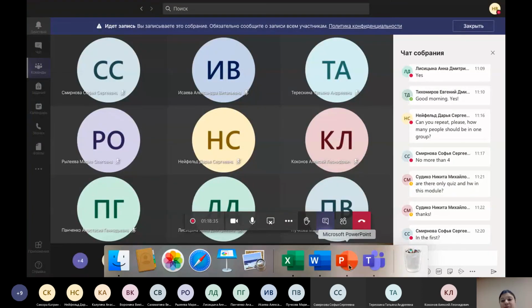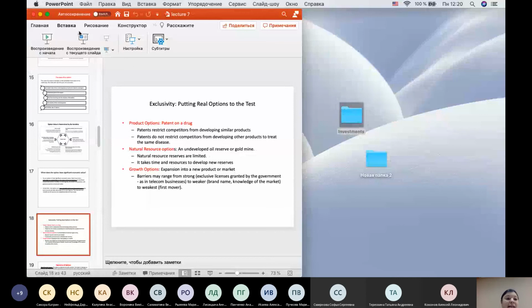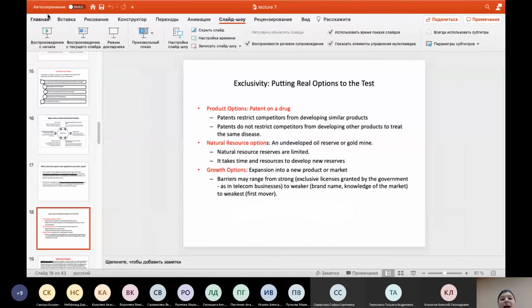In the first, good, exactly, thanks a lot, Sofia. Patents restrict competition from developing similar products. Thanks a lot for your answer.